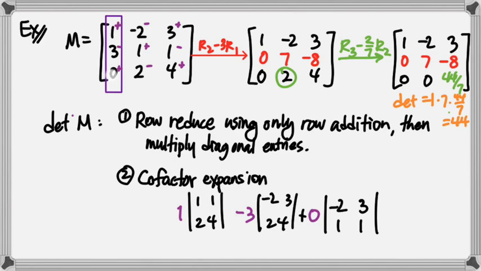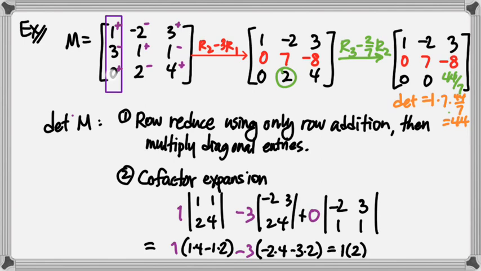So let's just calculate this and verify that we have what we expected. The determinant of 1, 1, 2, 4 is going to be 1 times 4 minus 1 times 2. And then I've got minus 3 times this determinant, which is negative 2 times 4 minus 3 times 2.